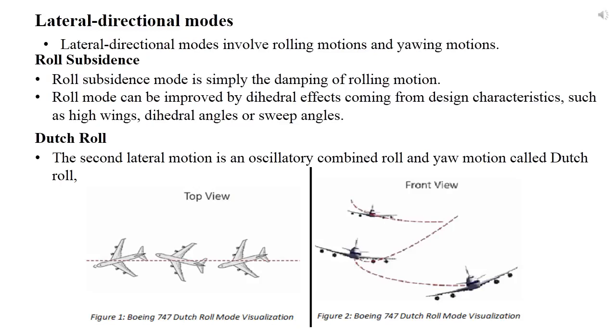Dutch roll mode. The second lateral motion is an oscillatory combined roll and yaw motion called Dutch roll, perhaps because of its similarity to an ice skating motion of the same name made by Dutch skaters.